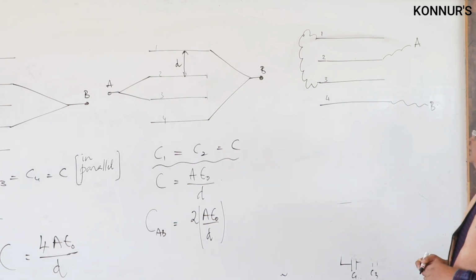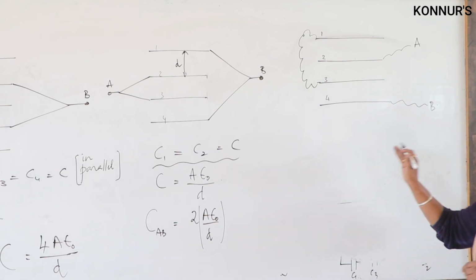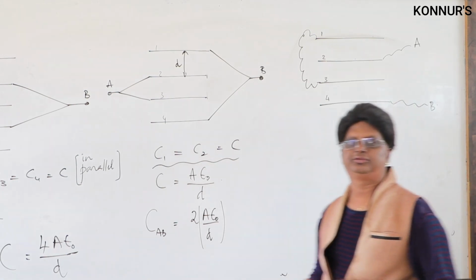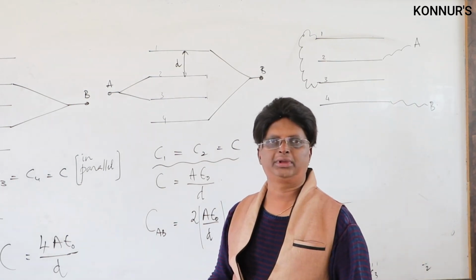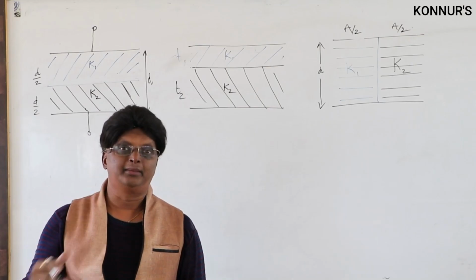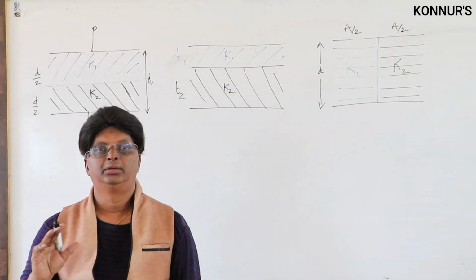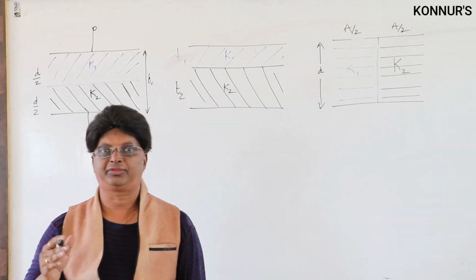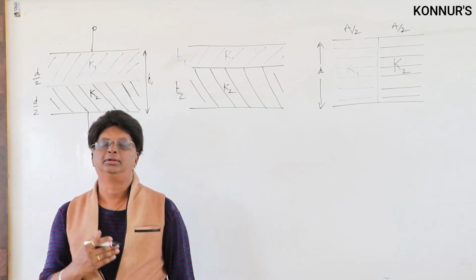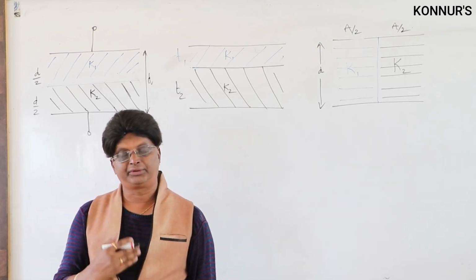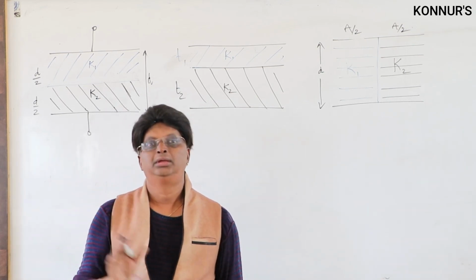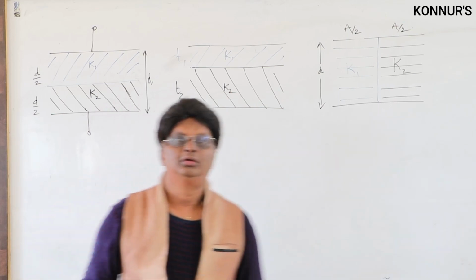So likewise, arrangement of plates and effective capacity is one such a very popular case for our NEET and CET. This type of examples based on the arrangement of capacitors with dielectrics, different ways in which number of dielectrics are placed between the space.